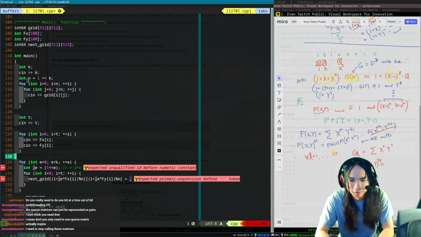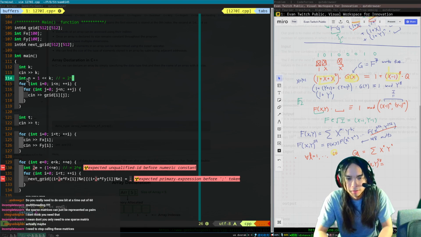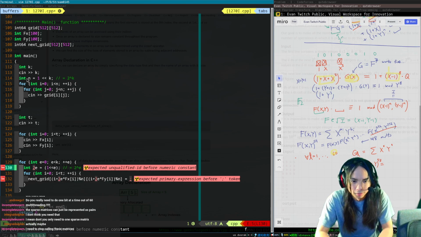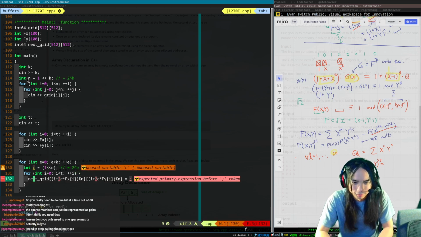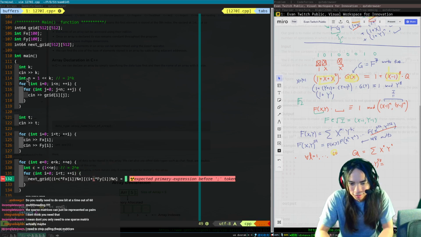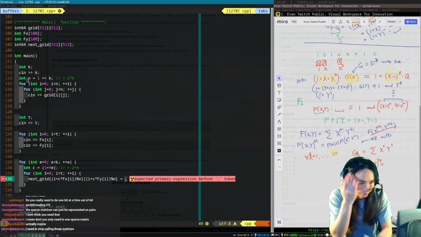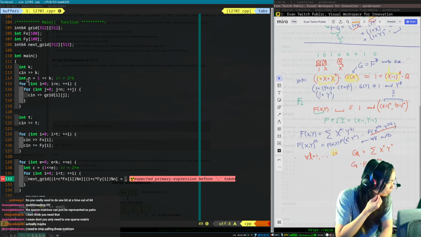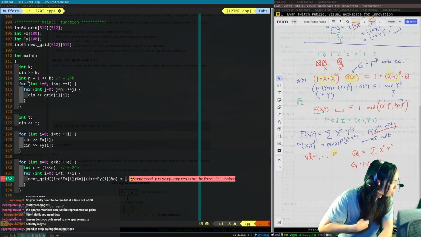Did I ever define n? Yeah, I did. Oh, no. Okay, I guess that's not how... We'll just call it C, whatever. I was hoping for a moment you could start a variable name with the letter.